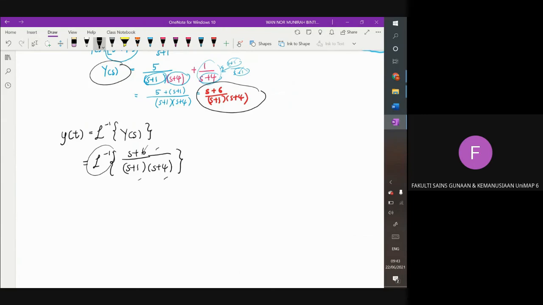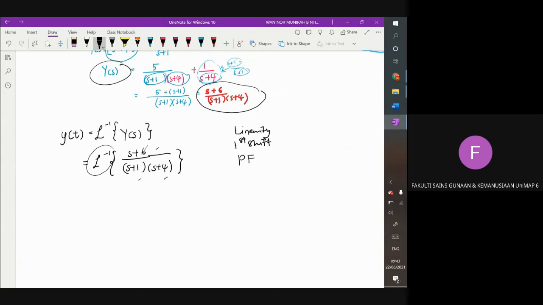What are the properties we have learned? One, linearity. The second one? First shift. And the third one, when it involves a rational function, we need to apply partial fraction.